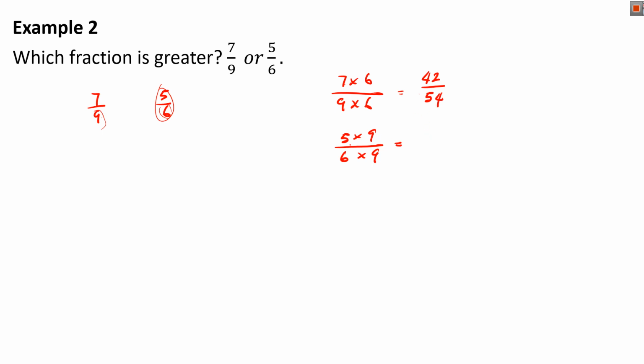So this one, 5 times 9, 45. 6 times 9 is the same as 9 times 6, 54. So which one is bigger now? 45 over 54 is bigger than what? 42 over 54. So you can see we have a big number here. We can actually make it smaller.